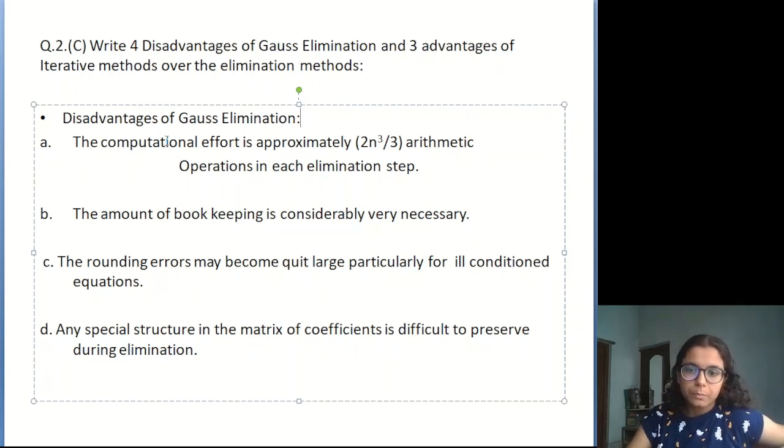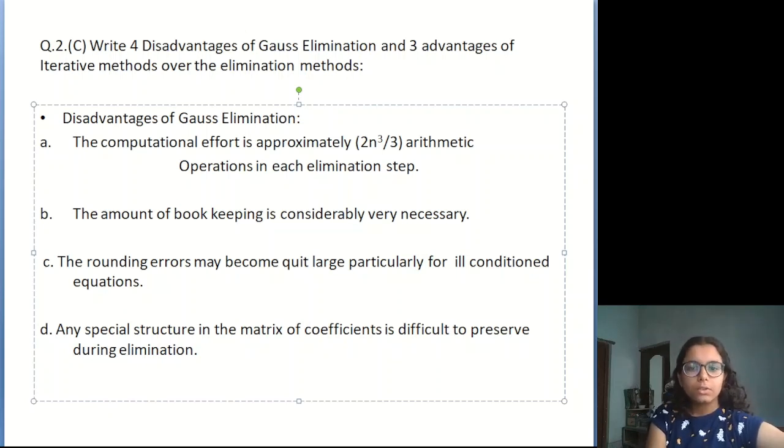For the fourth problem, any special structure in the matrix of coefficients is difficult to preserve during elimination.